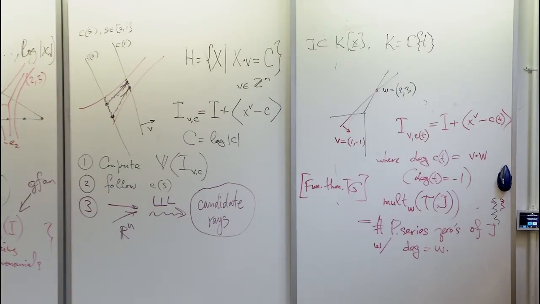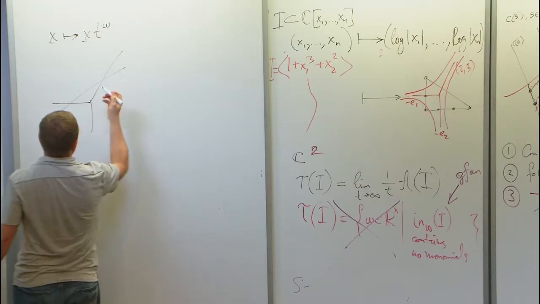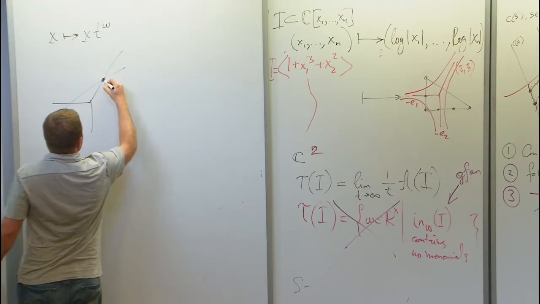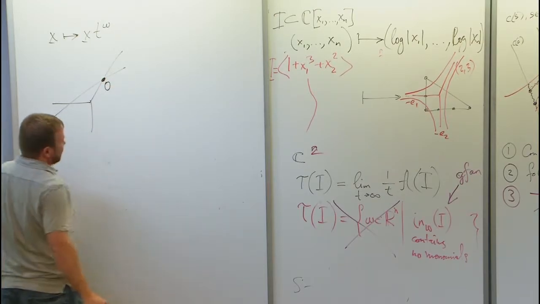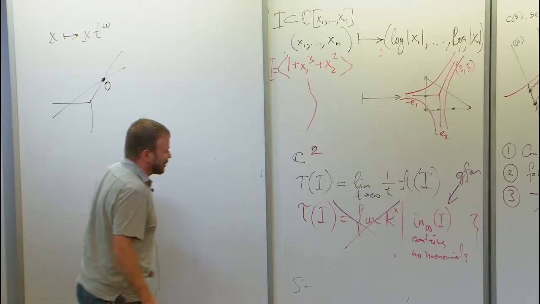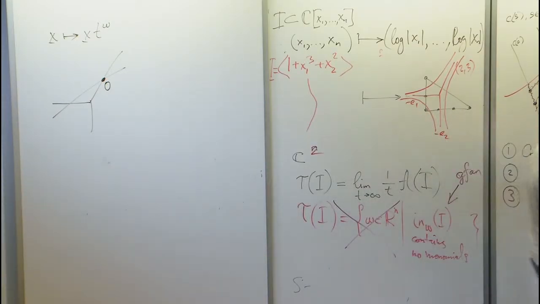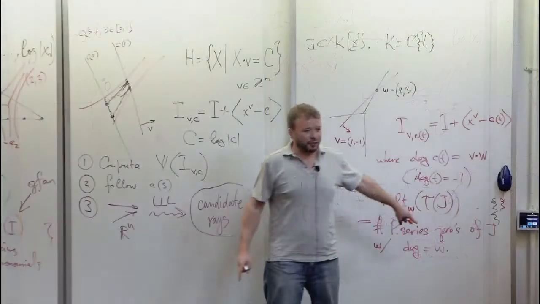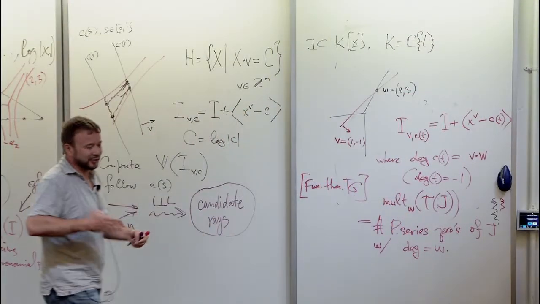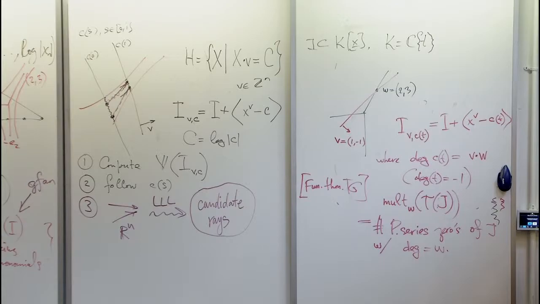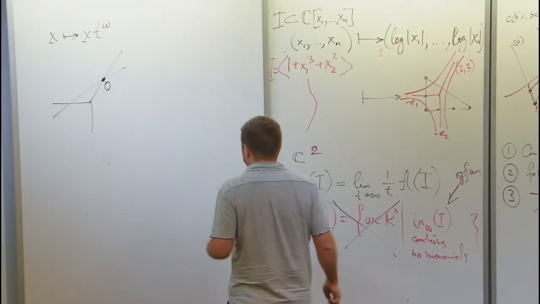So if I make the transformation that x goes to x t to the w or minus w, and this point in question is at 0, that means I'm considering Puiseux series zeros that are going to have valuation 0, so they're going to start with a constant term and the terms will go up.